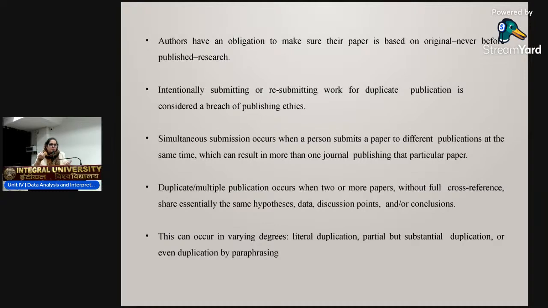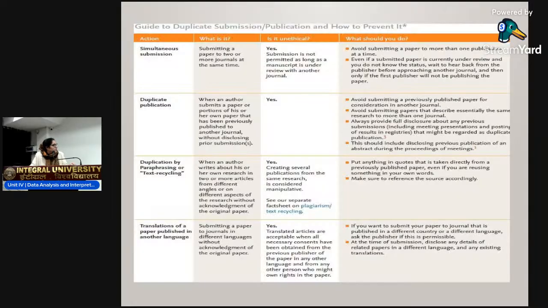Because we may have people thinking in the same direction, publishing around the same time. The problem is if you copy their work. This can occur in varying degrees: literal duplication, partial or substantial duplication, or duplication by paraphrasing. So this is all about redundant publications.